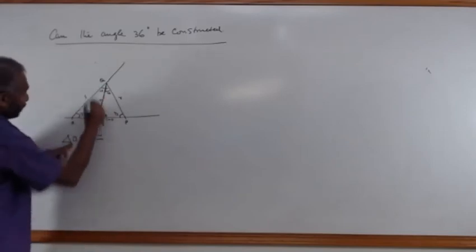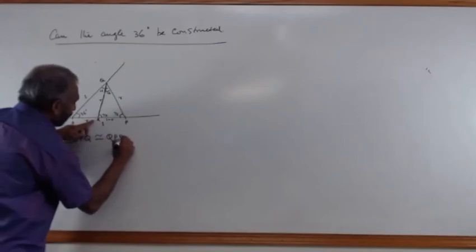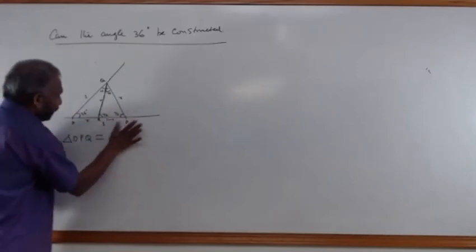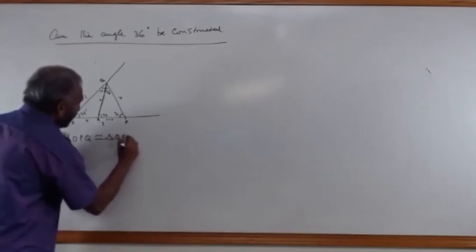O is 36, so this will be QPR. I'll write it as triangle QPR.